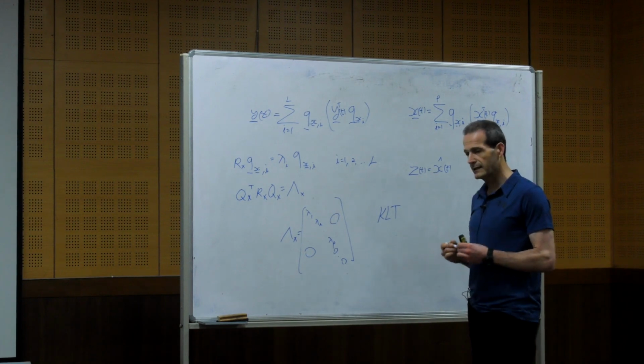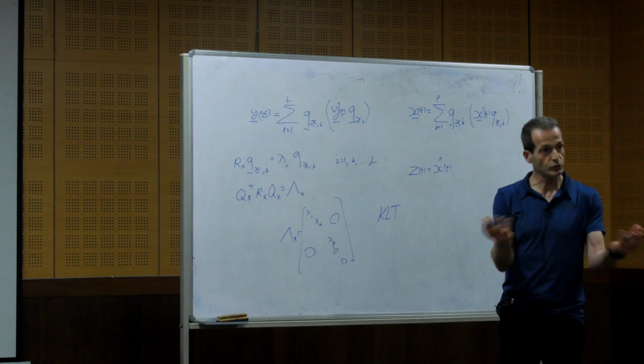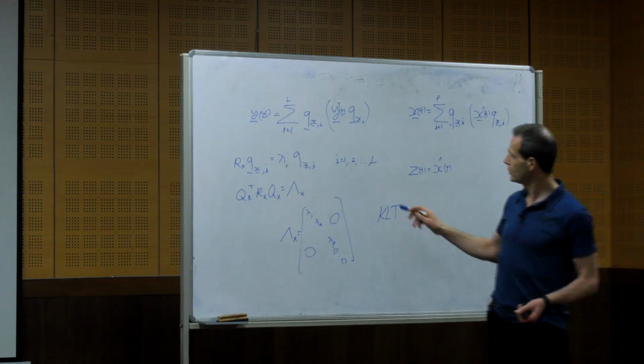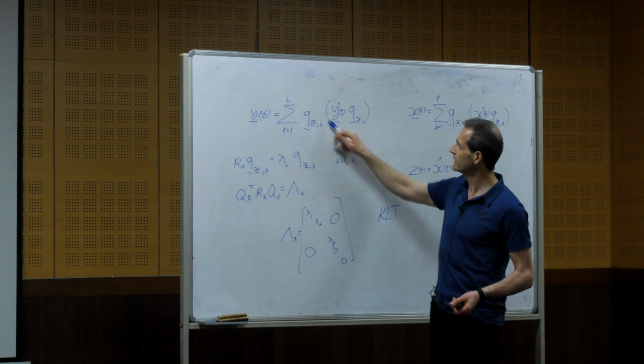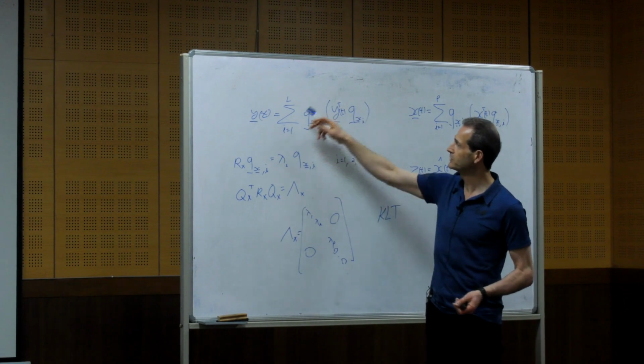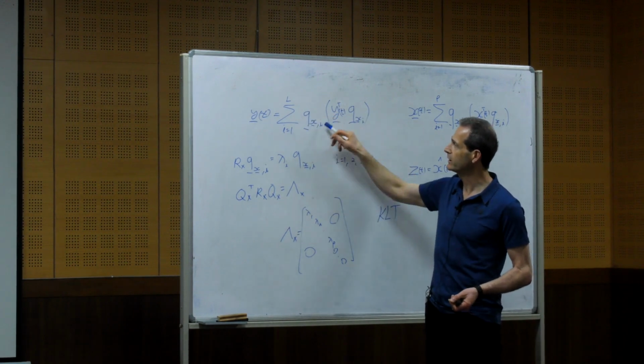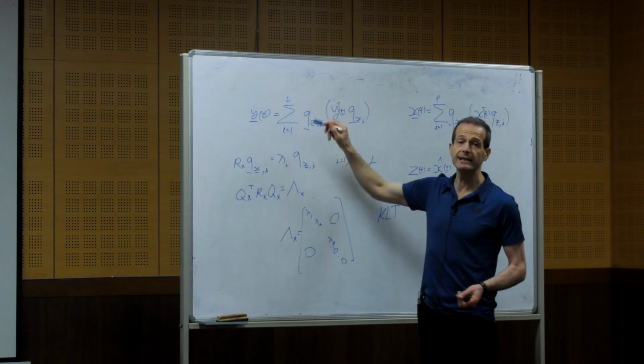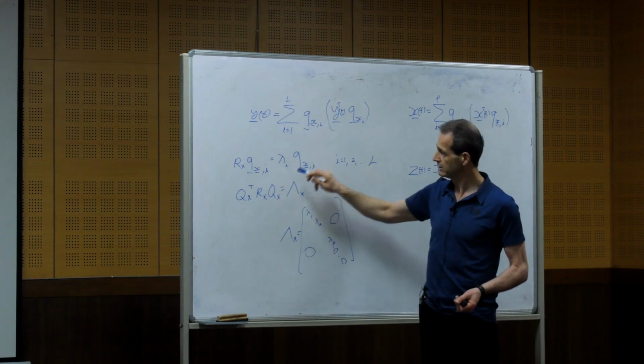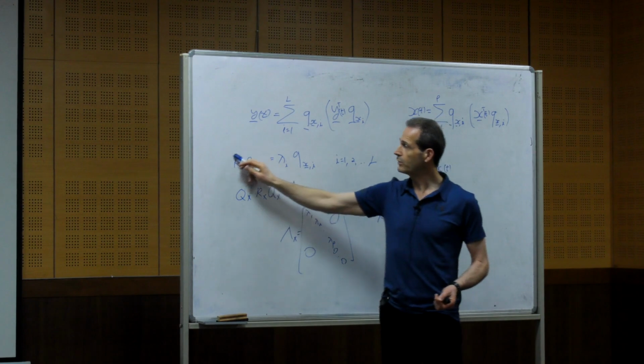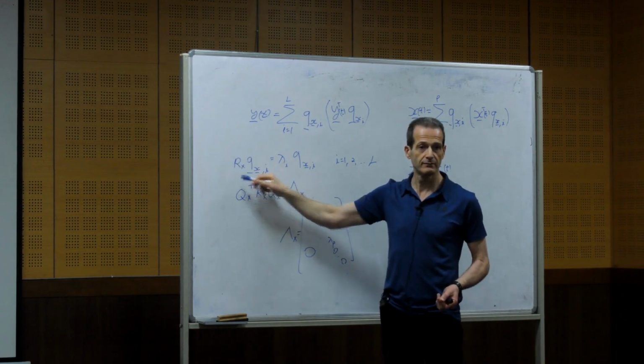Which means that instead of the Fourier transform, which you are familiar with, we transform the signal. This is the representation of the signal using the Karhunen-Loeve transform, using the eigenvectors of the correlation matrix. Okay?